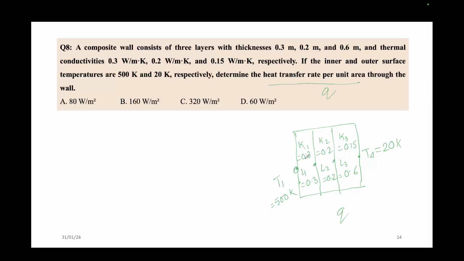K is given, A, all this is given for a composite wall. So in the composite wall, you need to first find R1, R2, and R3, then you can find the total R. What is R1?